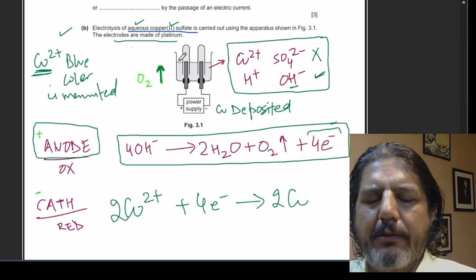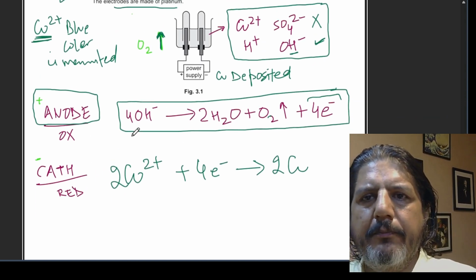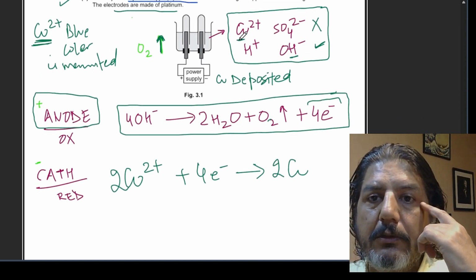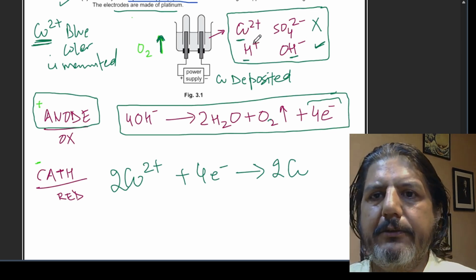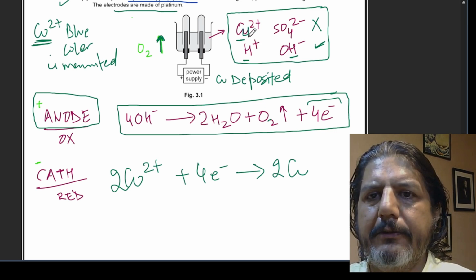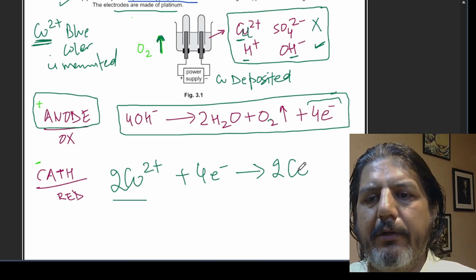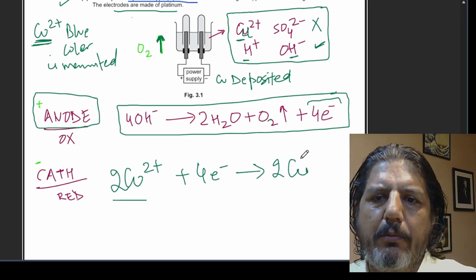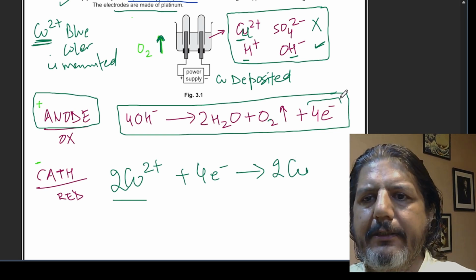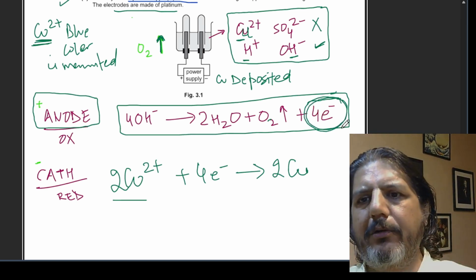At the cathode, we will have competition between Cu2+ and H+. Cu2+ will get discharged. It will take 2 electrons and form Cu. But what is always recommended is that while writing these half reactions, we keep the electrons balanced.